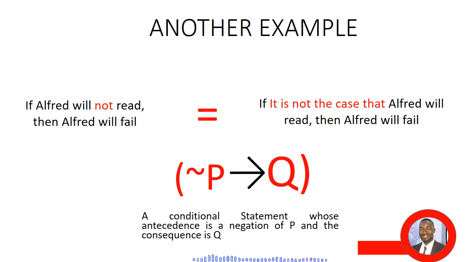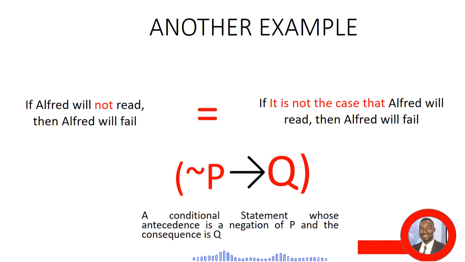So if you make this a logical statement, it becomes, if it is not the case that Alfred will read, then Alfred will fail. To put that in symbol, the negation of the antecedent must come up first, which is tilde P, then Q, which is the consequence. Here we have a conditional statement whose antecedent is a negation of P and the consequence is Q.